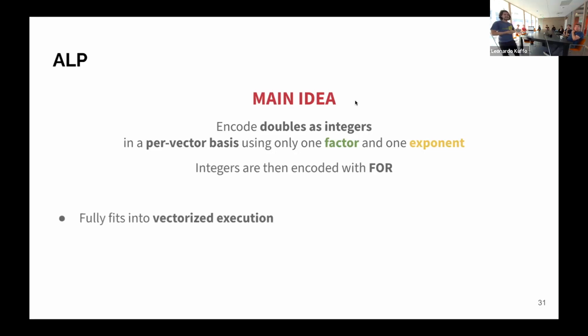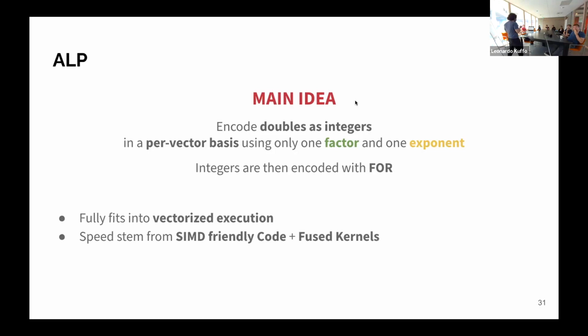Another key idea of ALP is that it fully fits into vectorized execution. It's very fast because it's built on scalar code, and it uses fused kernels of compression. We also do not use the built-in rounding function.